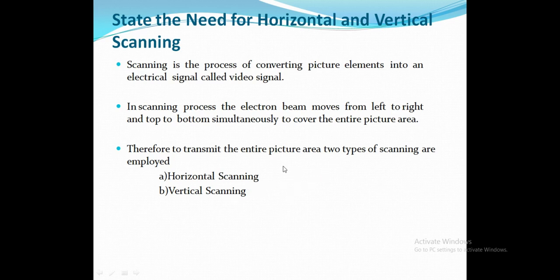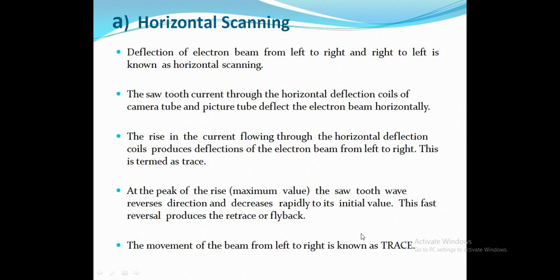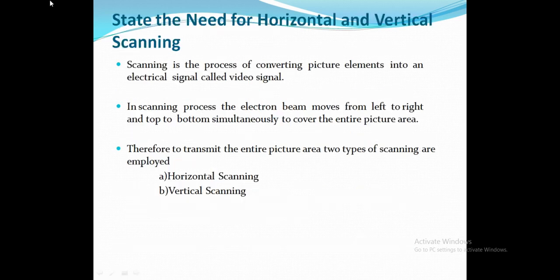Therefore, to transmit the entire picture area, two types of scanning are there: horizontal scanning and vertical scanning. Scanning is nothing but a process of converting the picture elements into electrical signals, or video signals.